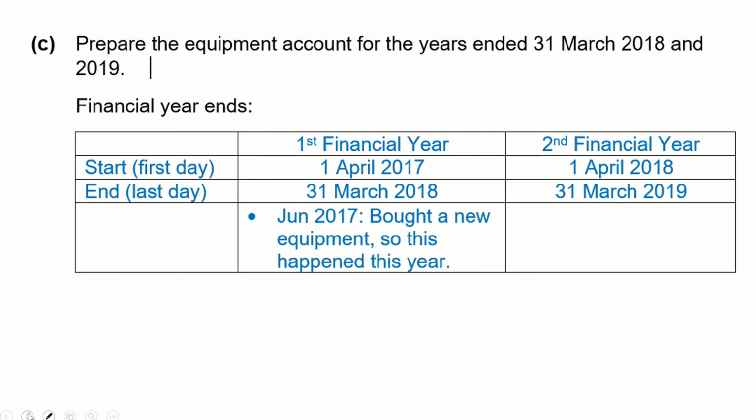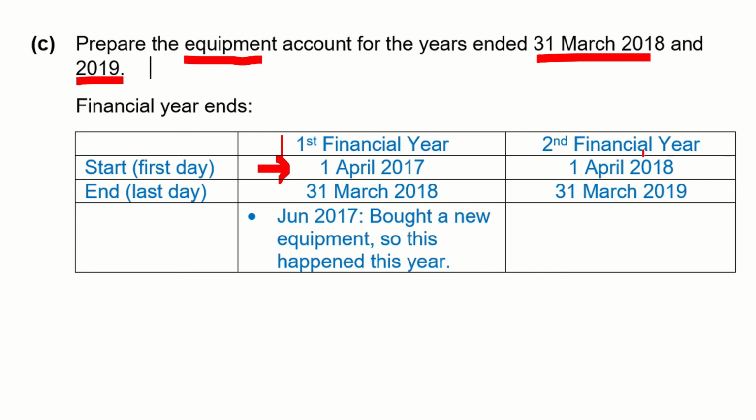The second question is for you to prepare the equipment account for the year ended 31st March 2018 and 2019. At this point, you will need to note that these are two financial years. The first financial year has a start date of 1st of April 2017.